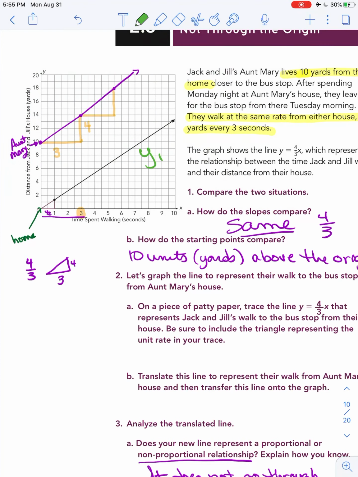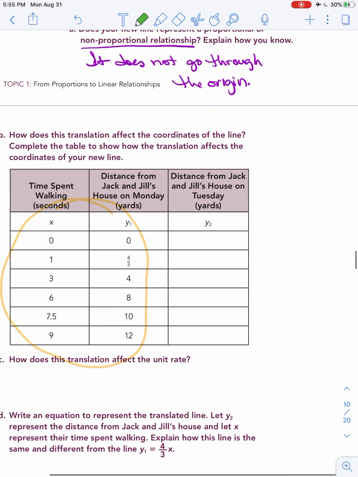Okay, this was Y1. This right here is Y2. So those are the points for the line Y1. It says it right there. But I want the points that go here. I want the Y values that go here. So that's what we're going to do now. We're going to find those points.